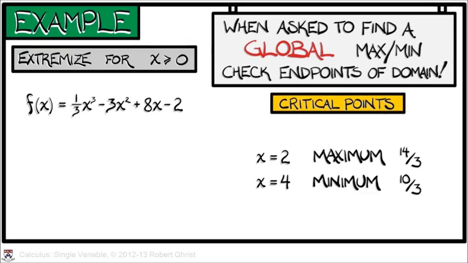Therefore, the left-hand endpoint is at x equals 0. What do we see there? Well, the value that the function takes on is -2. This is a minimum, since it is less than the other critical values that we have computed. In fact, this is the global minimum for the function.